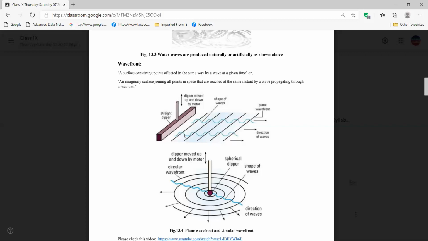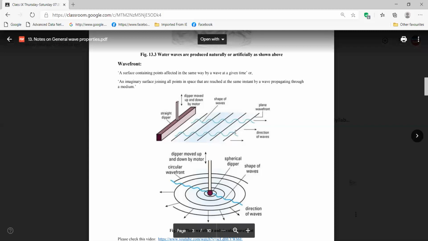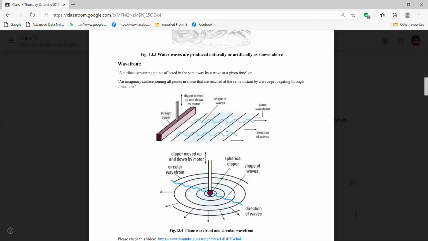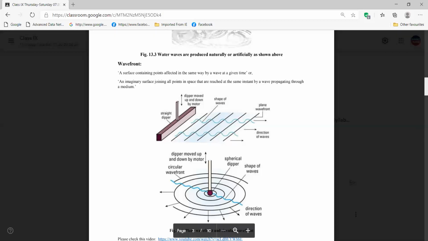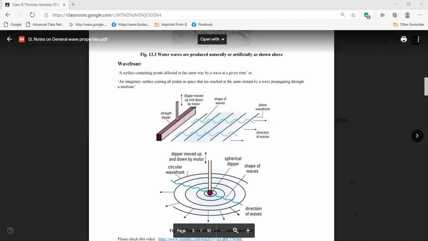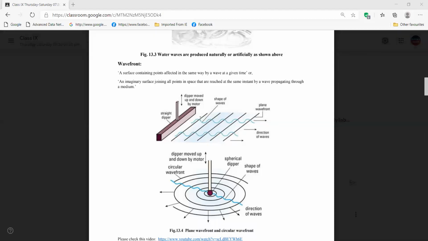So the first one is called plane wavefront. Yes, sir. And why are we saying wavefront? Because wave is the product of wavefront.